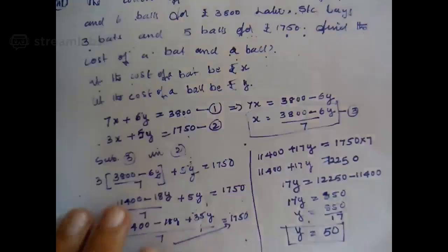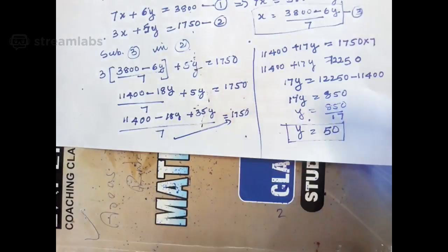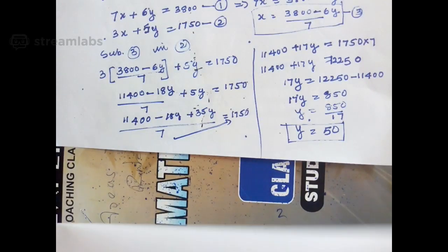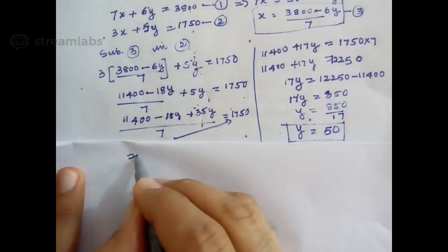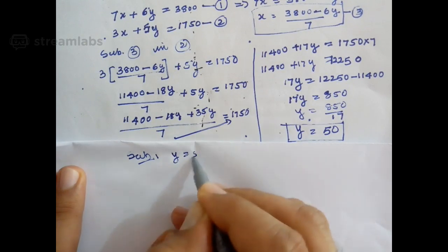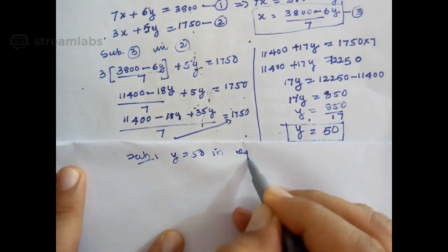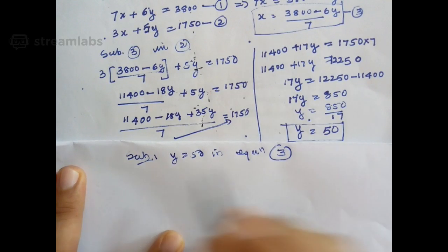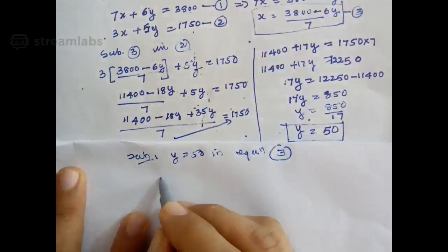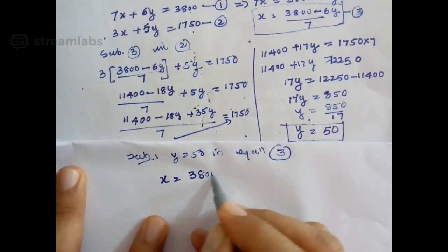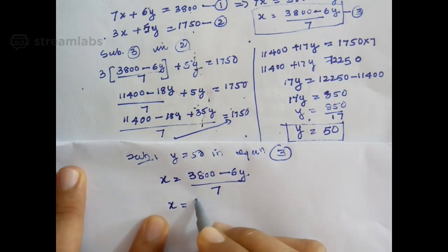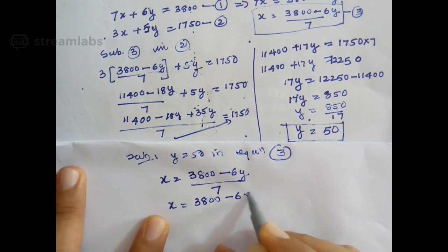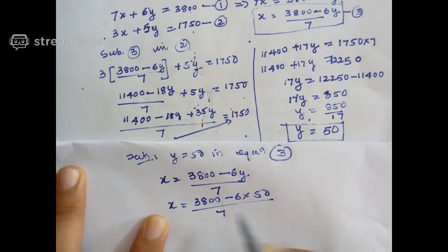Now let us find x. How to find x? Substitute the value of y in equation number 3. What is equation number 3? x is equal to (3800 minus 6y) by 7. That is x is (3800 minus 6 into 50) by 7.